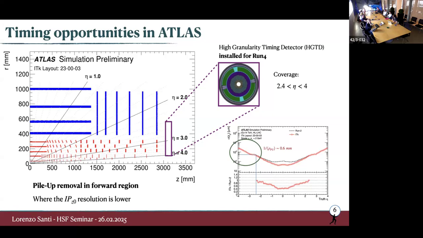I understand formally that you just inject your timing resolution into your track and vertex reconstruction and you get this improvement. But from a physics point of view, where does this improvement come from, taking into consideration all these scales of resolution provided by timing and tracking?